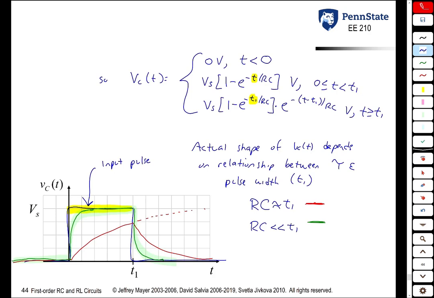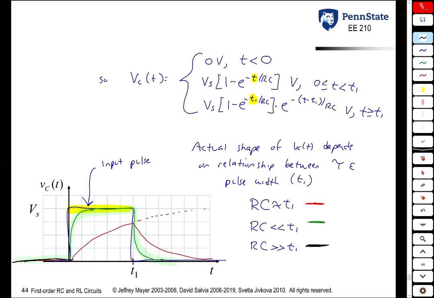In the third case, suppose the RC time constant is much larger than T1. We'll do that one in black. As in the previous two cases, the voltage across the capacitor starts at 0.